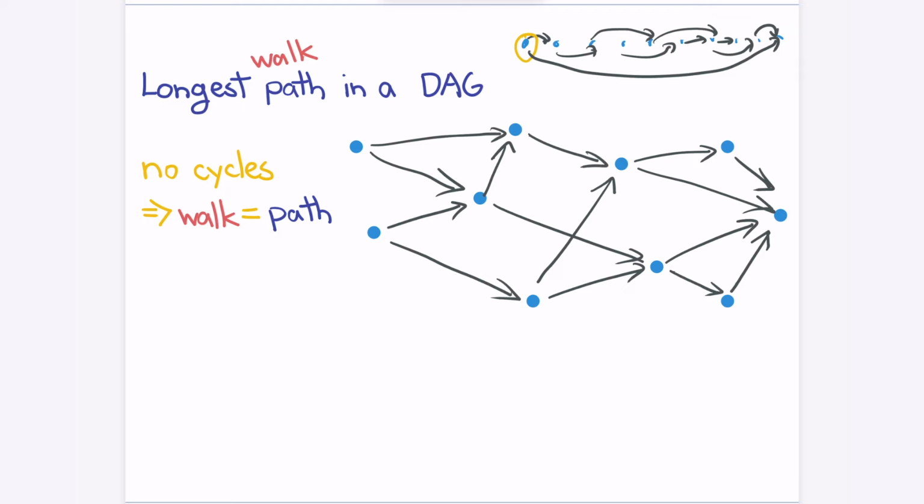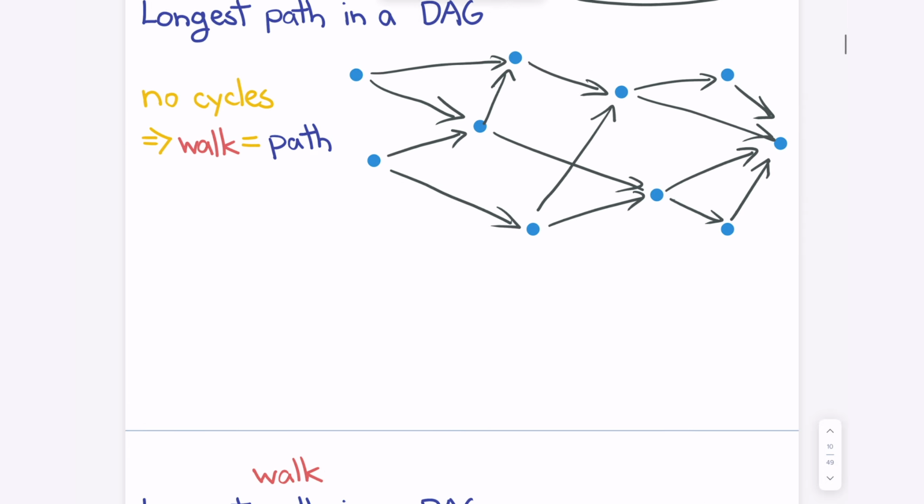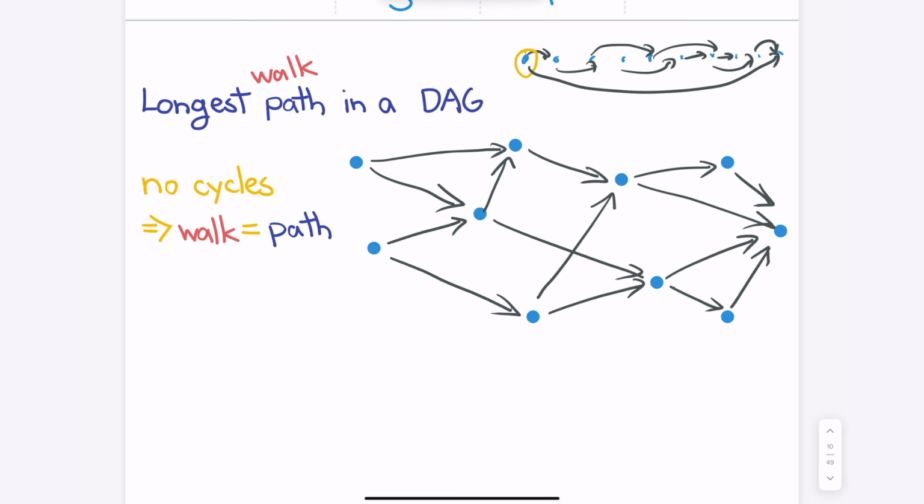Okay, so let's try to do a recursive algorithm, or dynamic program, but we'll start with the recursive. And I think if you look at it from bottom up, it'll be similar ultimately to what you had in mind. So we need to come up with some spec first. Yeah, so maybe I'll do LW for longest walk.